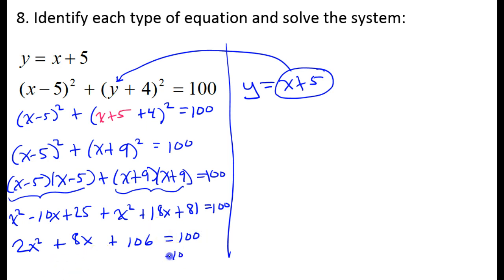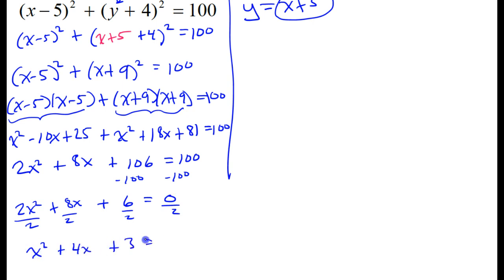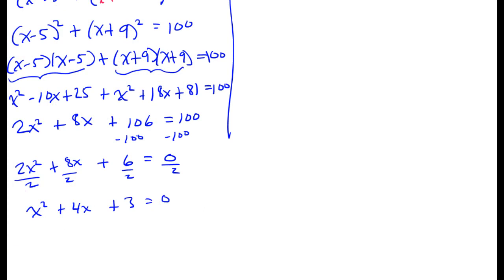Subtracting 100 from both sides gives us 2x squared plus 8x plus 6 is equal to 0. I'm noticing that all three of these are divisible by 2. So might as well divide everything by 2. So that's going to give me x squared plus 4x plus 3 is equal to 0.